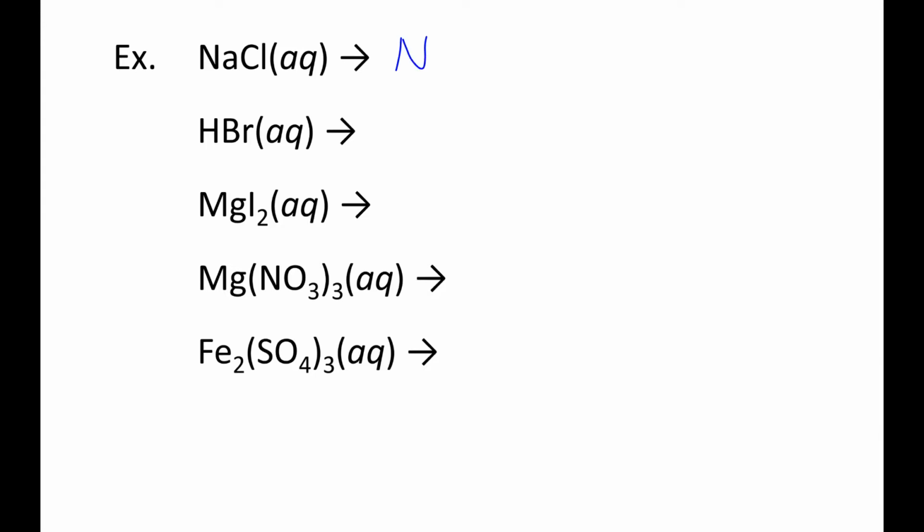So we would write it as sodium, and sodium has a +1 charge. With the elements, you have to look at the periodic table and see the charges, unless, of course, you memorize them, which I don't think most of you have. So we've got sodium and chloride ions floating around.